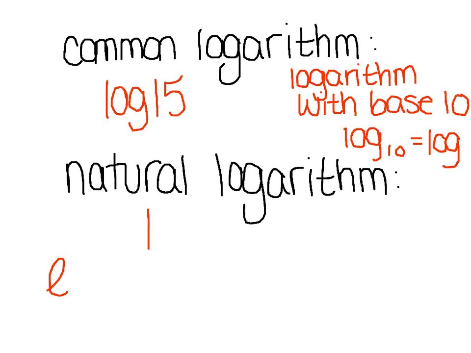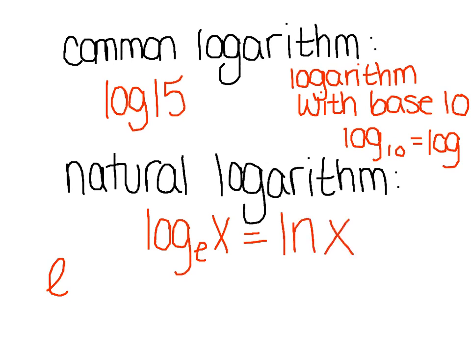When we have log with a base of e of x, that's called the natural logarithm, and it's denoted with ln of x. So if you see ln, a base of e is implied, and rather than writing it as log base e of x, we use ln. But they are the same, and I want you to understand that. You're going to see both.